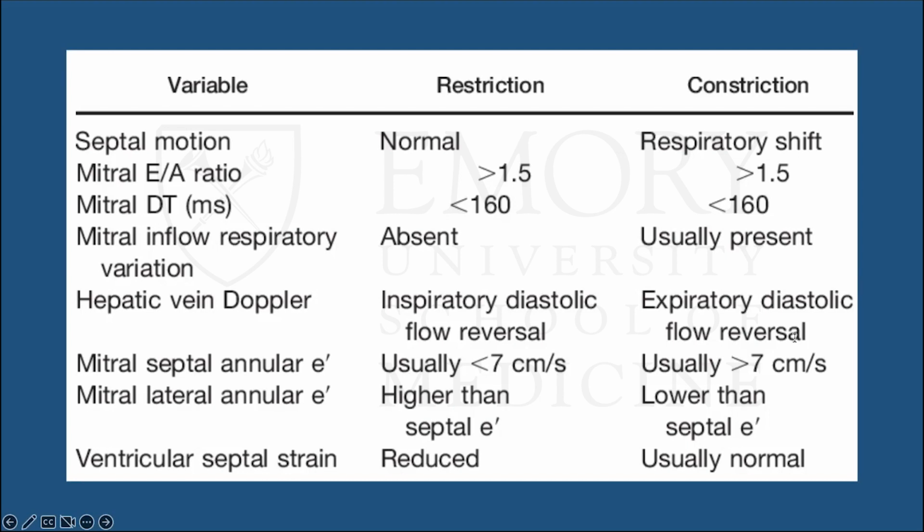So with constriction, when you breathe out, you should see more hepatic vein flow reversal, because you're having the bowing of the interventricular septum into your right ventricle. You're having that backup of fluid into the IVC and the hepatic vein, and so you should see it then, whereas inspiration should cause it in a restrictive process. And then the tissue Doppler velocities, right? So the lateral wall velocity or the lateral mitral annulus velocity should be lower in constriction as compared to restriction.